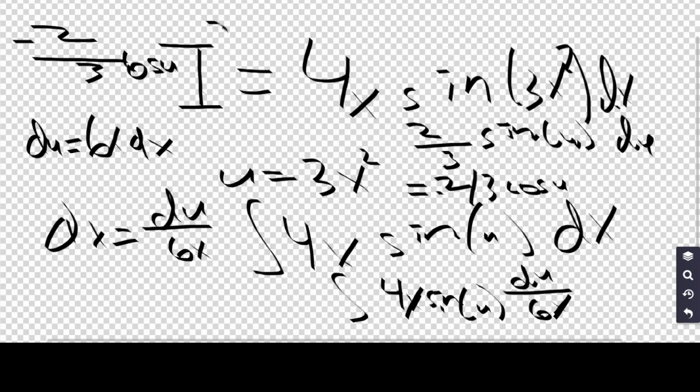And now that we know what u is, it's going to be negative 2/3 cosine 3x squared. And this is your answer.